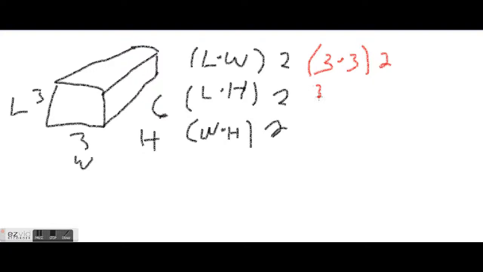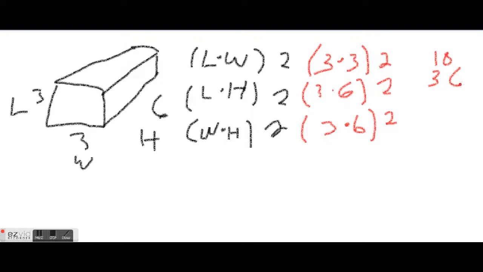So we have 9 times 2, which is 18. 18 times 2, 36, and once again 36. So let's add them. 18 plus 18 is 36, plus 36 is 72, plus 18... I'm sorry, 90. All right, that's 90. Very good.